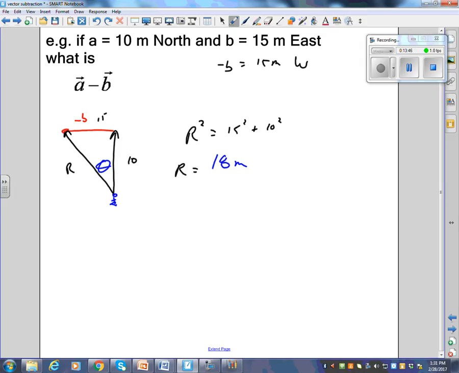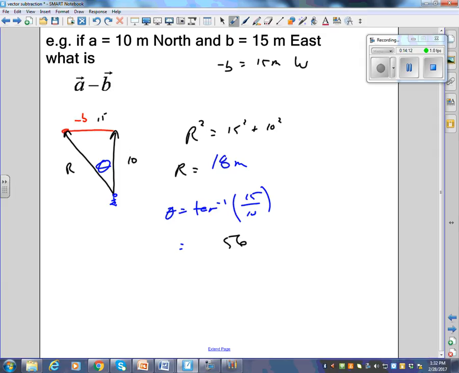And the reference. So that's going to be theta is equal to second function tan, opposite, which is 15, adjacent, which is 10. So that's going to be 56.